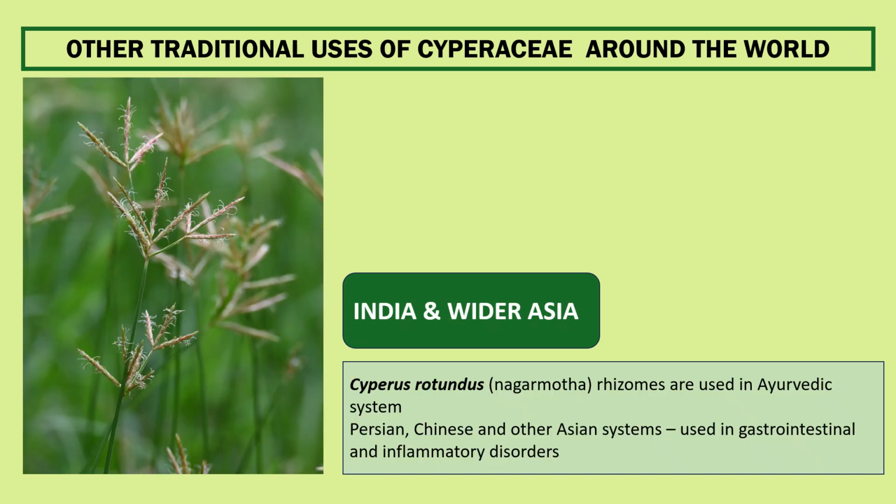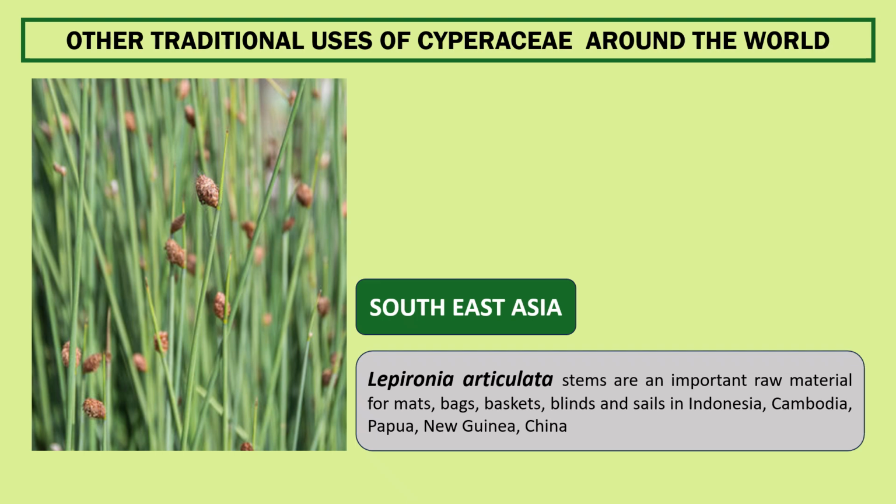The next plant is Cyperus rotundus again. Not only in India, as in the Ayurvedic system, but also in Persian, Chinese, and other Asian systems, the plant is used in gastrointestinal and inflammatory disorders. So this is about the wider Asia. Next plant is Lepironia articulata.